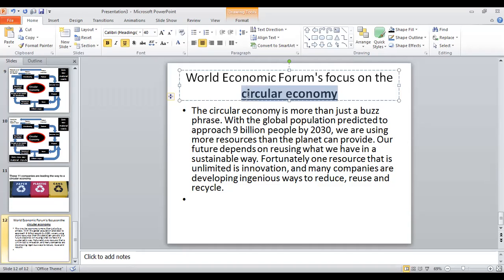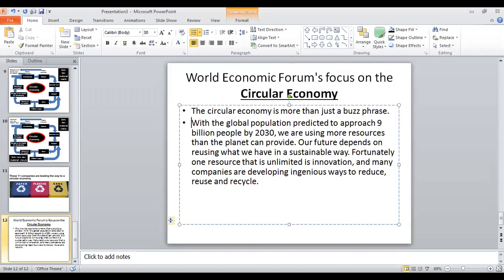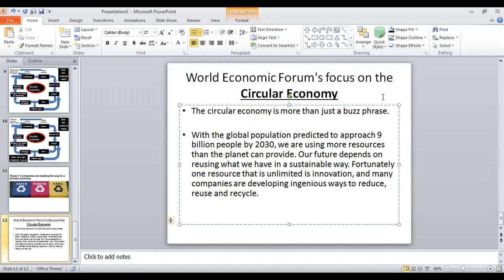Yes. So now you can see, this says that the circular economy is more than just a buzz phrase. And this is something like a hot topic. It is not only a hot topic, now they are on the move.